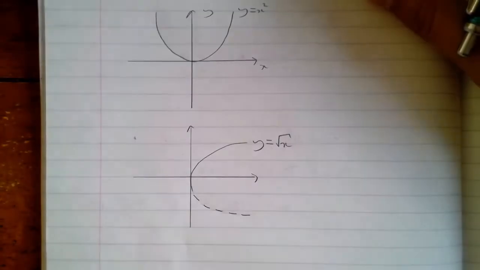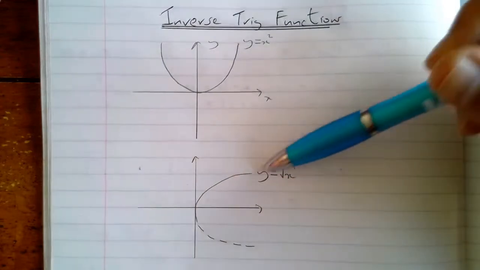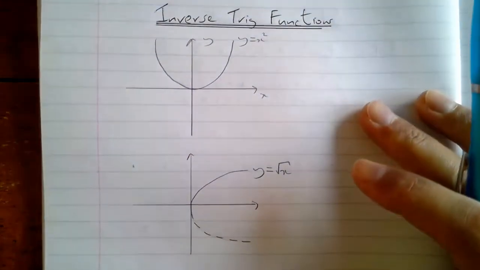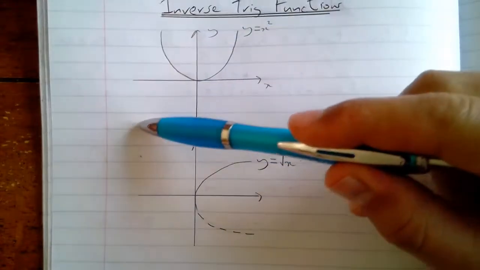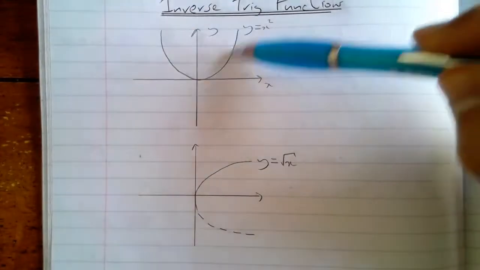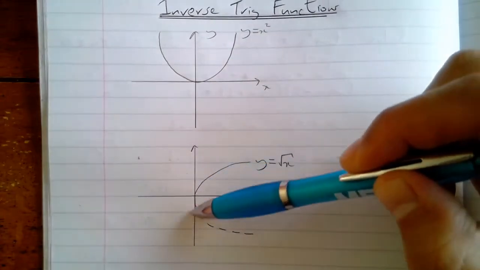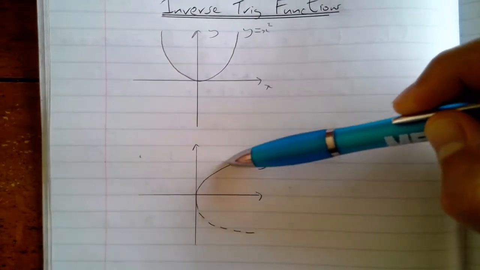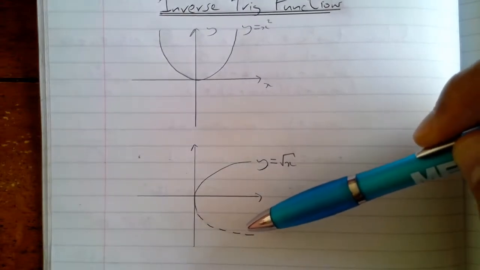Okay, so hopefully what you drew was just this bold line here, and you put y equals root x down. The reason why I've got this dotted line here is because if you reflect y equals x squared in y equals x, you will get a curve that looks like this, the dotted line included. However, remembering about functions, functions need to know where they're going.